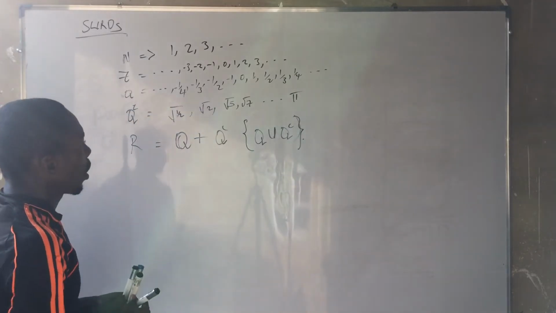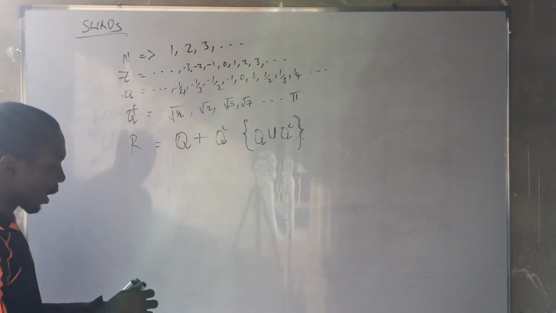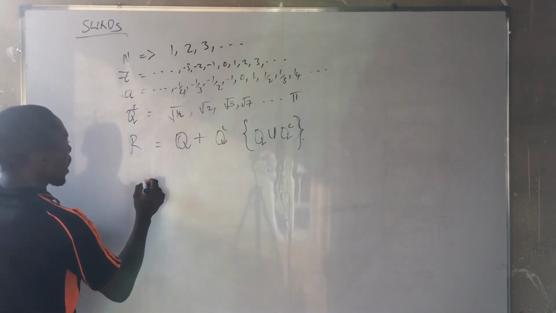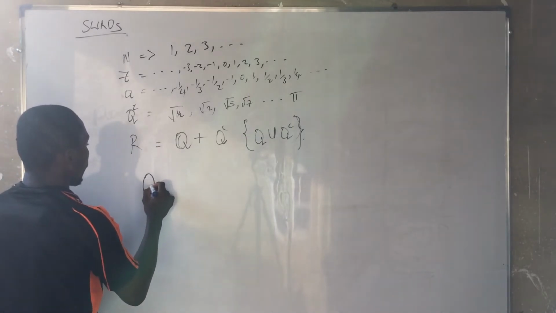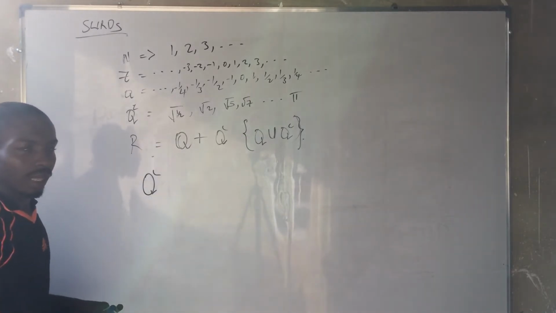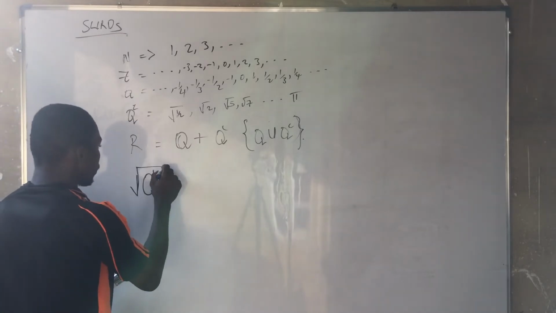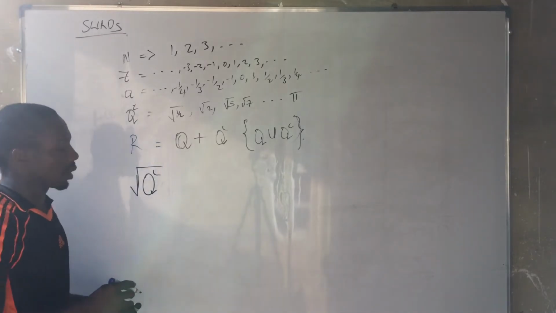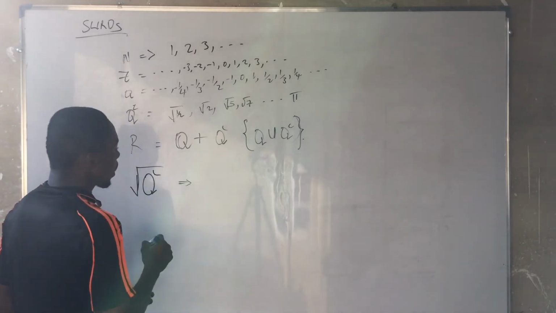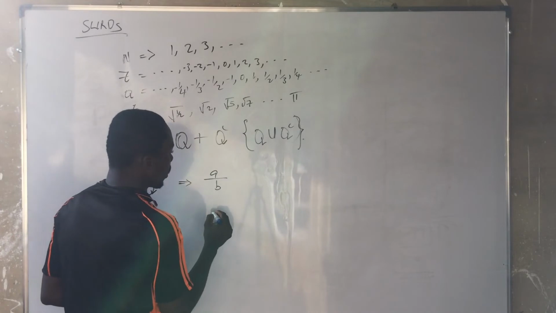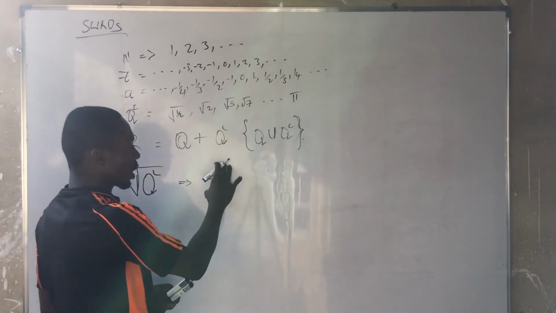So now we can say that a sword now is any irrational number that has the root operation, the root function.